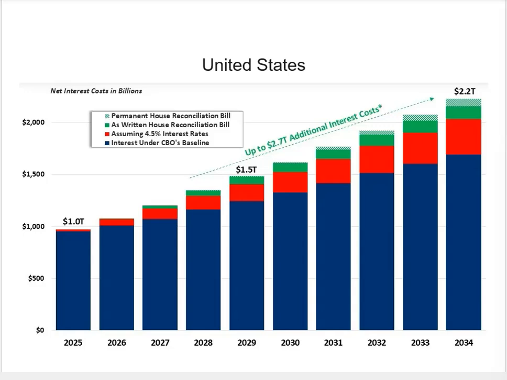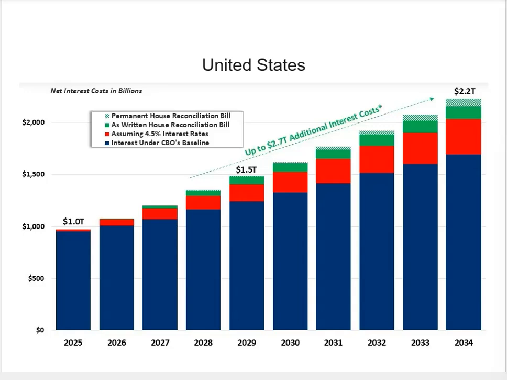Just be aware that interest cost means the global government interest expenses. Both are the same. The interest costs were projected to approach $1 trillion in 2025, nearly triple 2020 levels. In light of current interest rates, they are likely to more than double by the end of the decade, 2030, I mean.